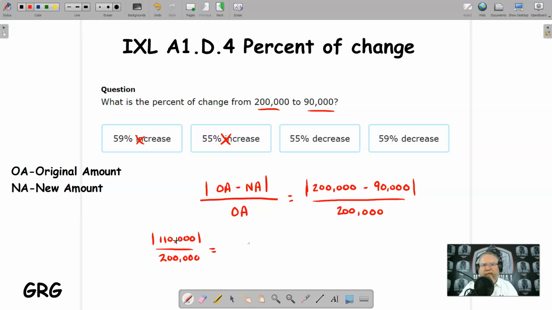And so what's the absolute value of 110,000? Well, that's 110,000. So I'll go ahead and bring that over there and bring my 200,000 over. Now, if I go ahead and divide that out, 110,000 divided by 200,000, that's going to give me a value of 0.55.